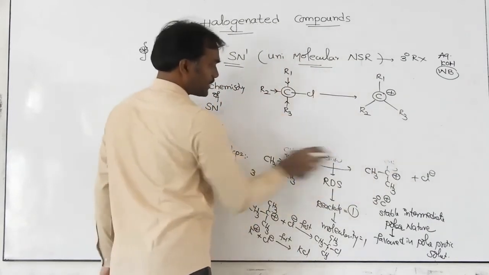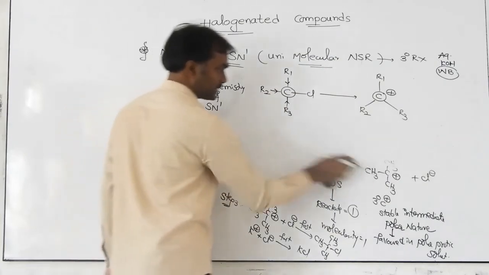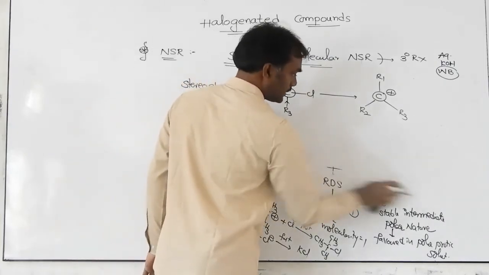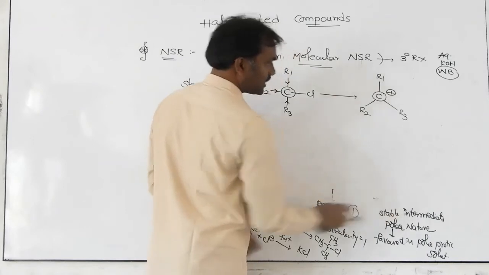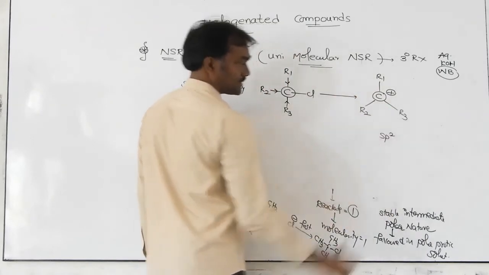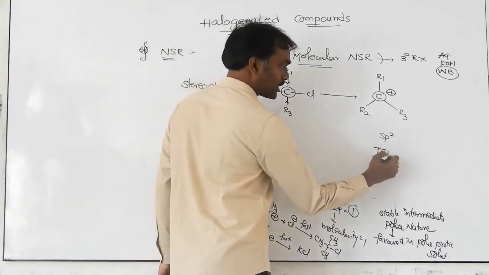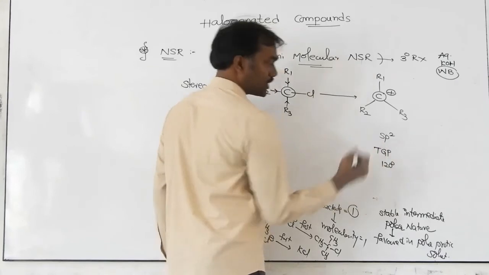What is the hybridization of the central carbocation? The carbon is surrounded by 3 sigma bonds, so the hybridization is sp2. The structure is trigonal planar, and the bond angle is 120.